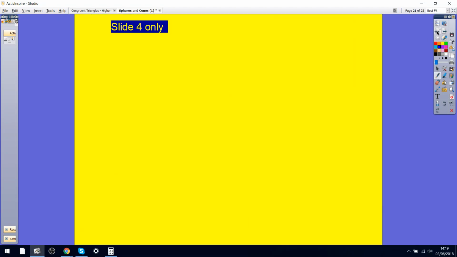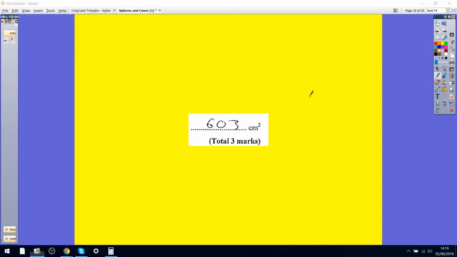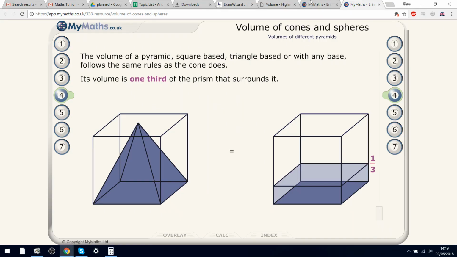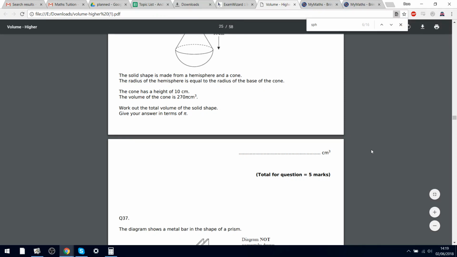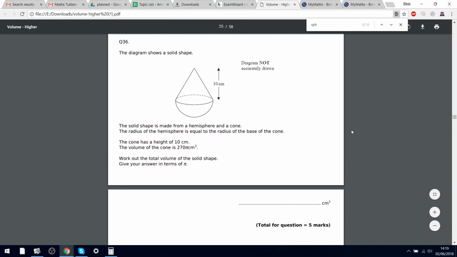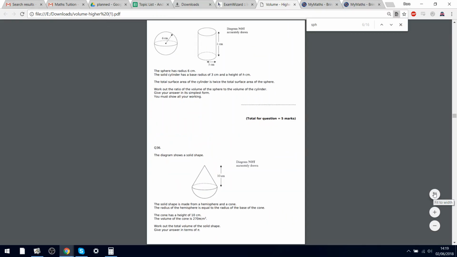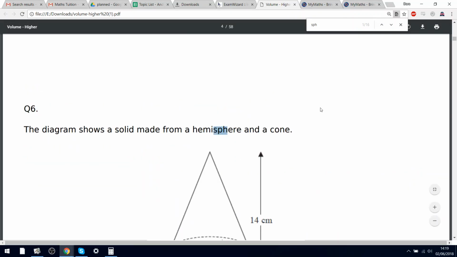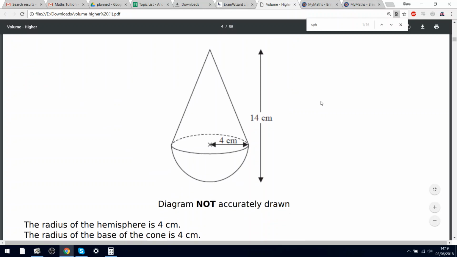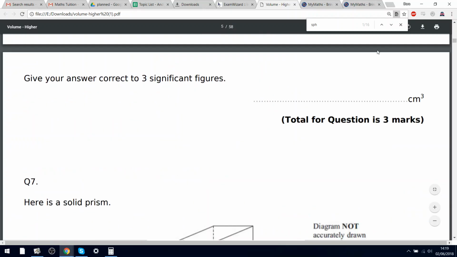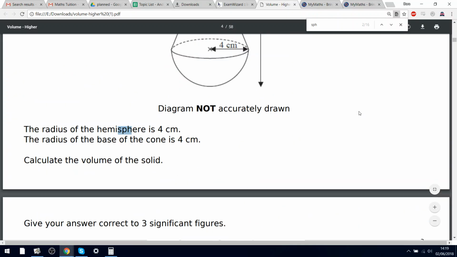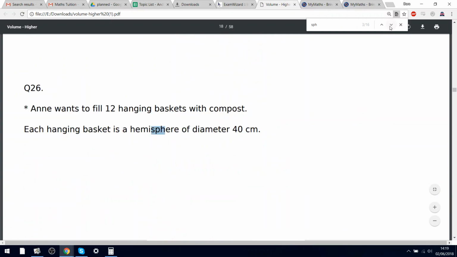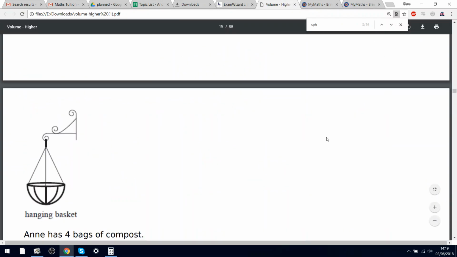Yeah, that's that. And I just want to take a look at the other exam questions for it. So there's that one. Just want to see. So a hemisphere and a cone. So we did one like that. Yep. Hemisphere.